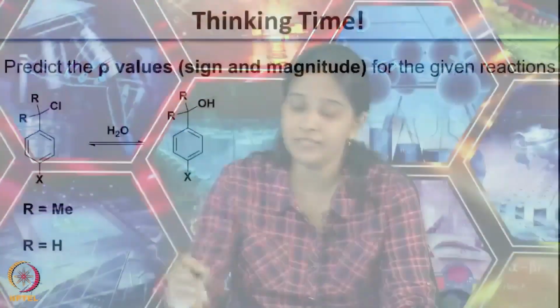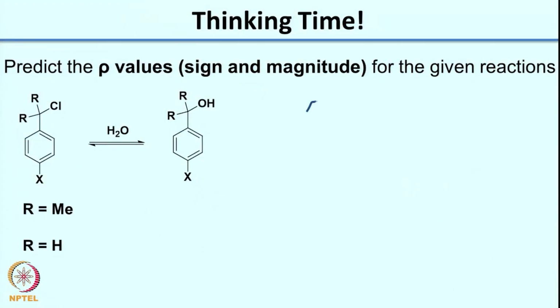So, hopefully you were able to write the mechanism for this. In one case, what you have is the aromatic ring, X, and then you have, so this is exactly like the example we had done earlier.